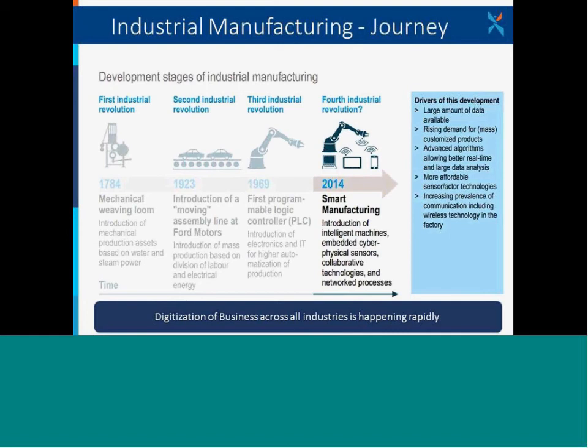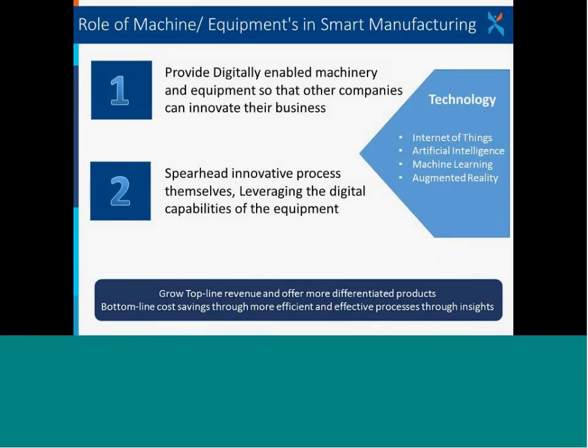All the end manufacturing companies are looking at what they can do with this kind of technology which is coming together. But what's important that we wanted to discuss is how does a machine or equipment company leverage this trend that the manufacturers are trying to accomplish, and what can they do about it to enable the manufacturers?